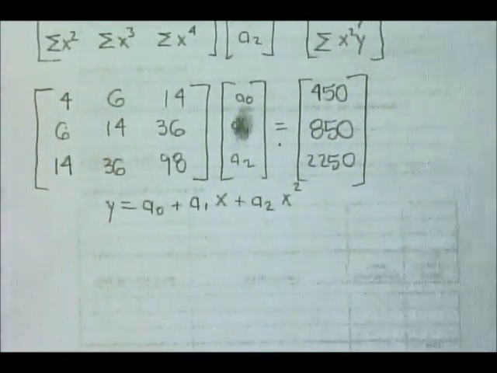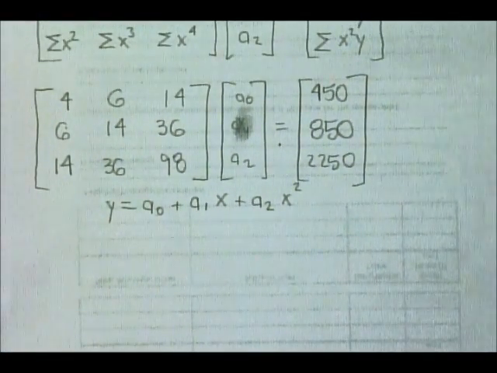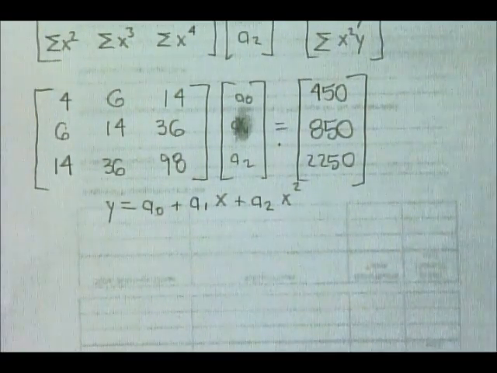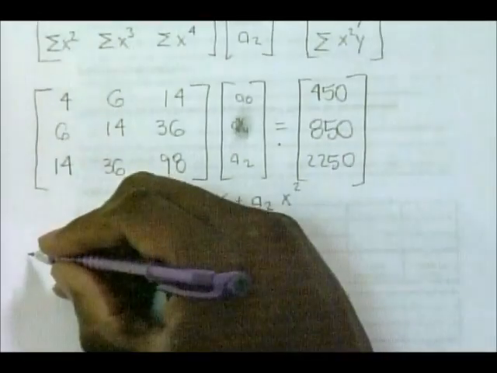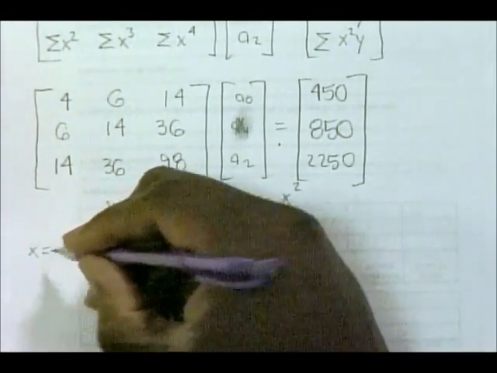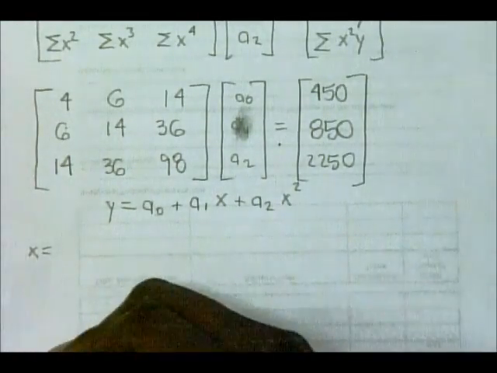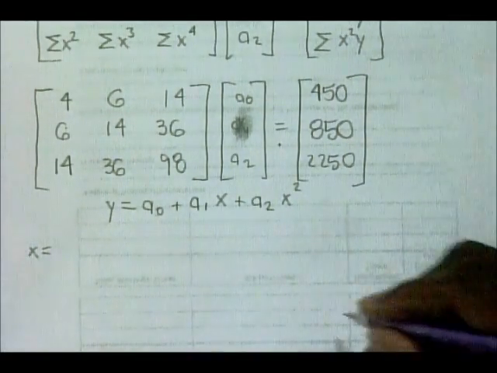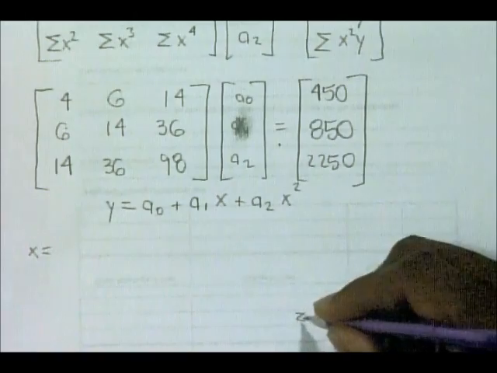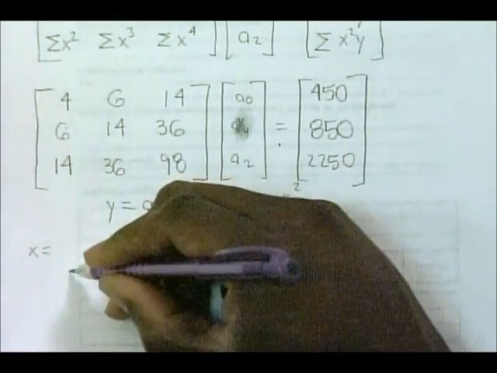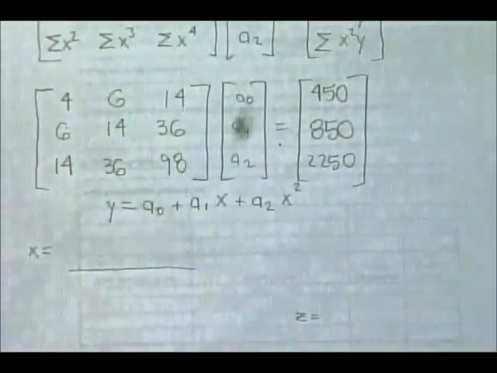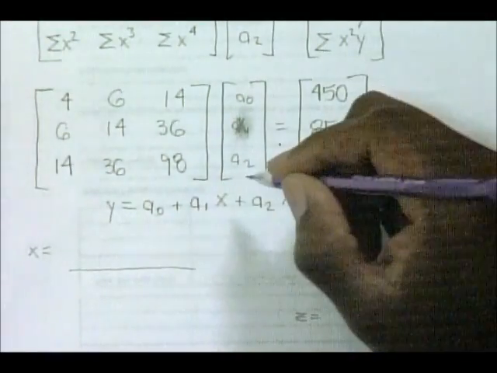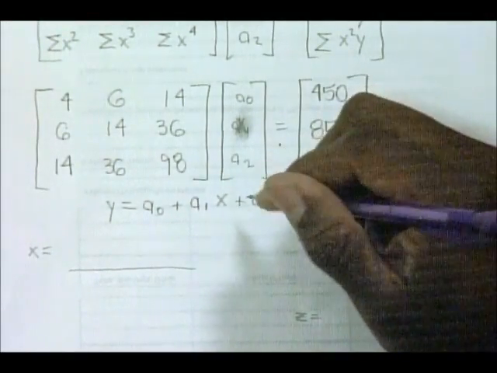All right. So the way we're going to solve this equation is we solve for x separately, and then we solve for y, and then we're going to solve for z. All right. So the way we do that is we find a bunch of determinants.